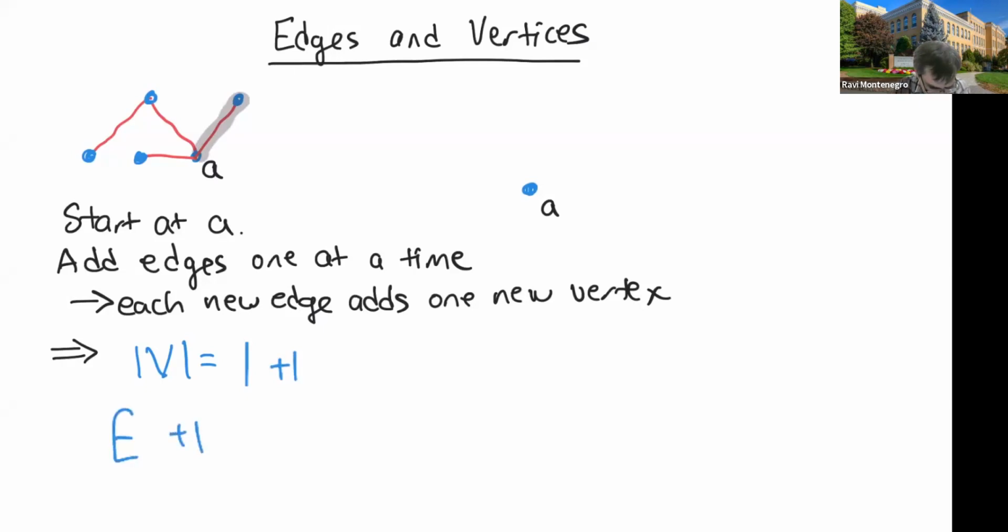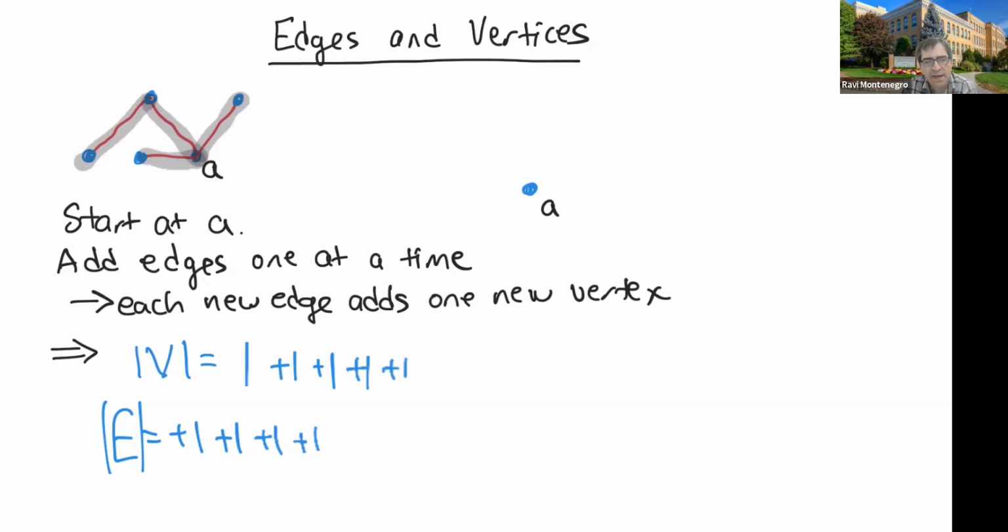Then let's continue this process. I'll add another edge. Again, I added one to the number of vertices and one to the number of edges. Repeat. Again, one to the number of vertices, one to the number of edges. And finally, the last one, one to the number of vertices, one to the number of edges.